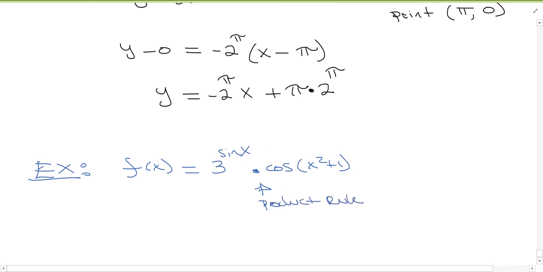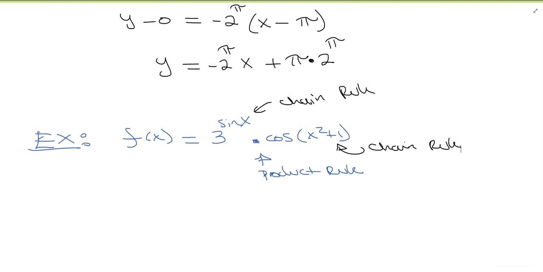And then each of those has a chain rule, because it's not just x, right? It's not just 3 to the x, it's not just cosine of x. So when you see that you have a function and it's not just x on the inside, that means that you have a chain rule going on there.